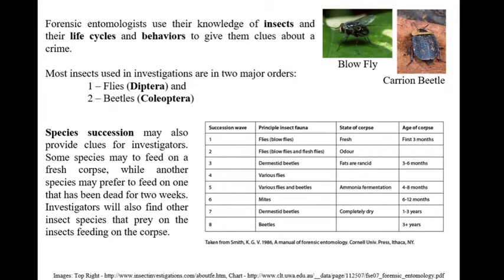So species succession may also provide clues for investigation. Some species may feed on fresh carcasses, while another species may prefer to feed on one that has been dead for 2 weeks. These are the second ones to arrive on the dead body. It is not for feeding on the dead matter, but it prefers to have a meal of the developmental stages of the insects or flies which first arrived on that dead body.